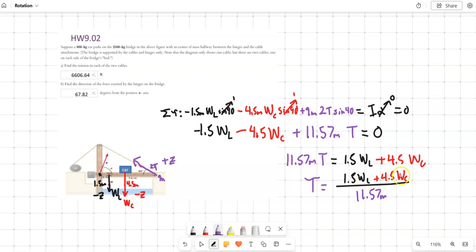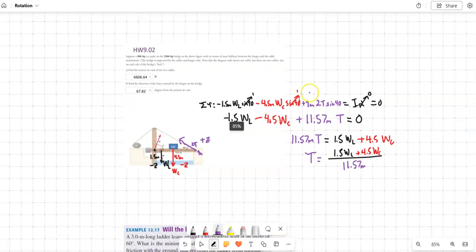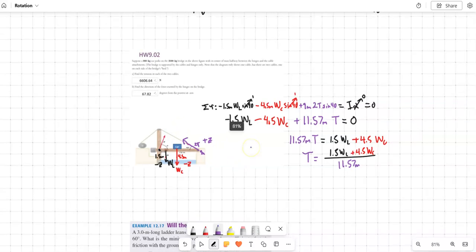So you'll put in your values here, and that should give you what the tension in each of the 2 cables are. Okay, so it's just a real quick walkthrough of that homework problem. Again, there might be some different values that you're given, but yeah, that's a really fun problem to do.